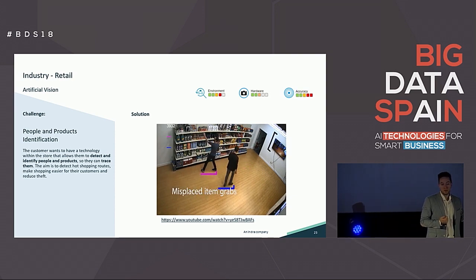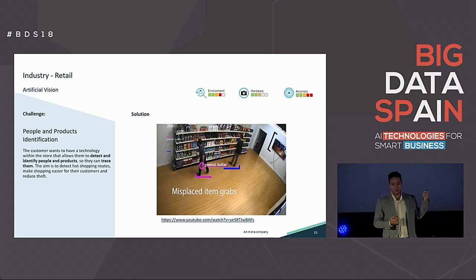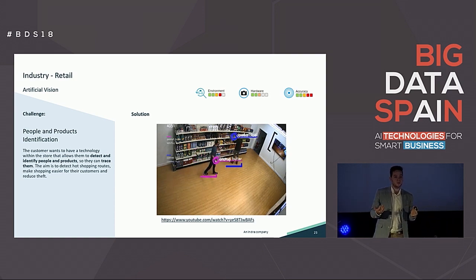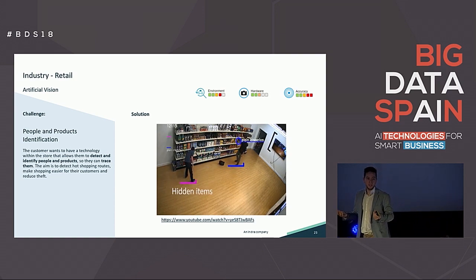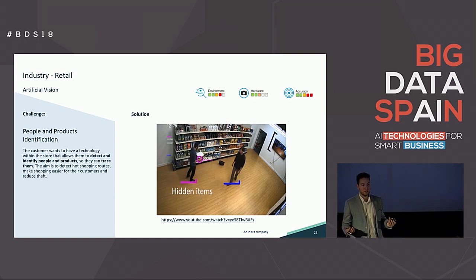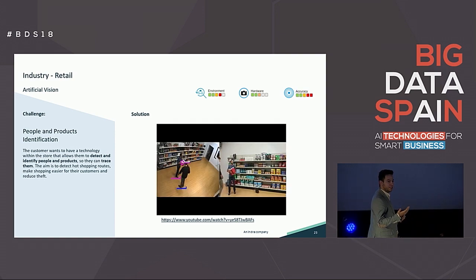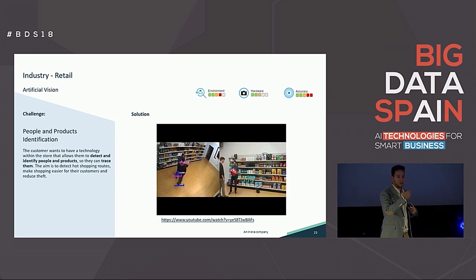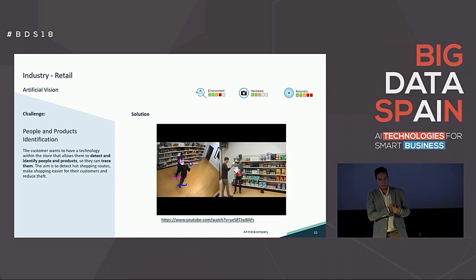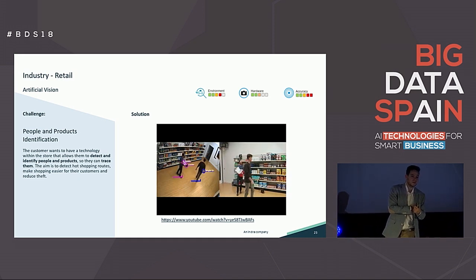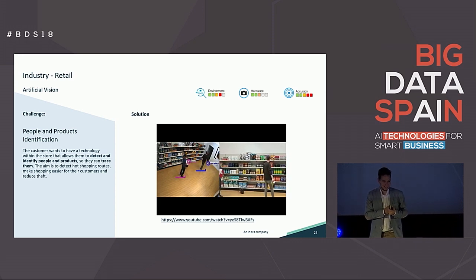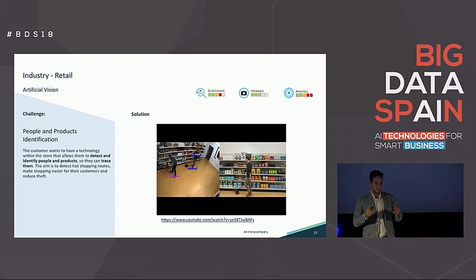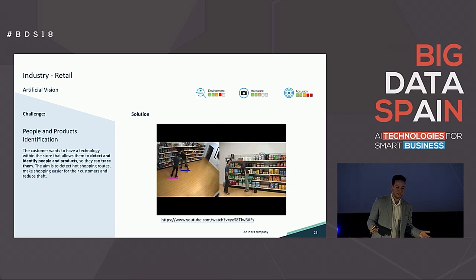You only need video cameras. What else can you do with that? You can detect gestures. If you contextualize the information and you know that a person is taking a product and putting it inside their jacket, you might consider it suspicious. So it's all about contextualizing the information. That's the challenge.